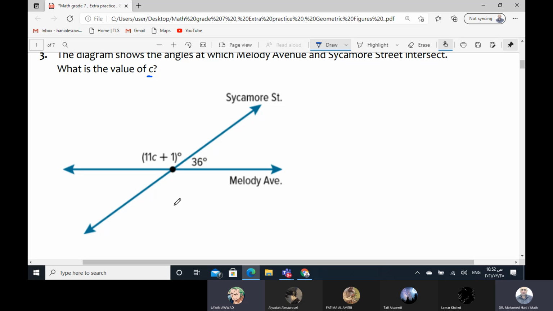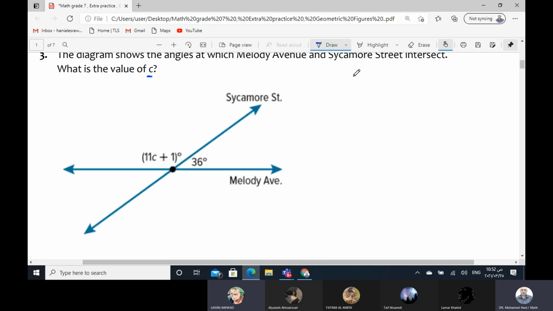I think C will equal 13. Okay, why? First, I did 11C plus 1 plus 36 equal 180. I put a plus, not an equal sign, because the 36 is not vertical to 11C plus 1, it's adjacent, so I did a plus.